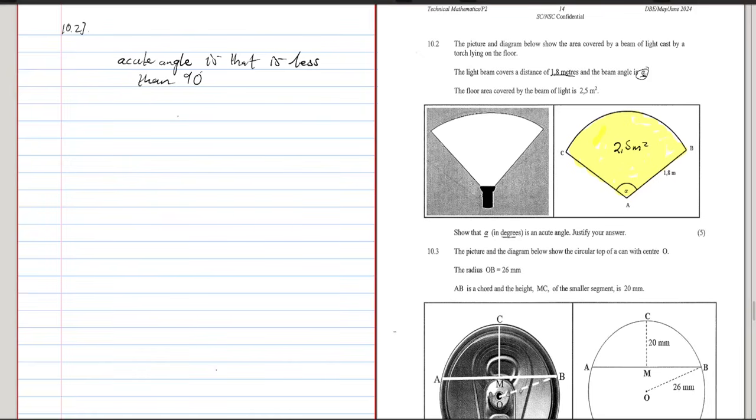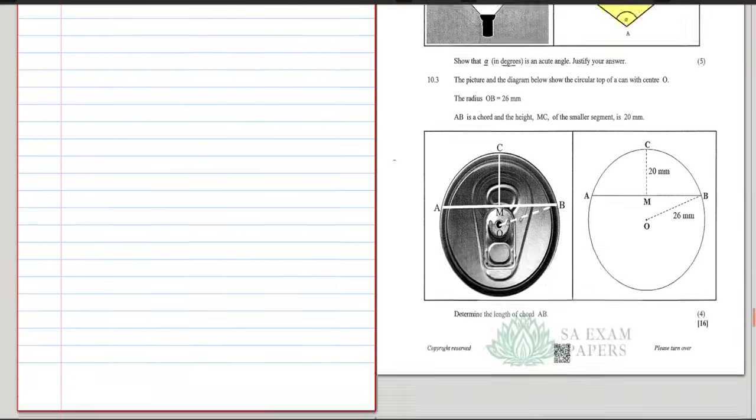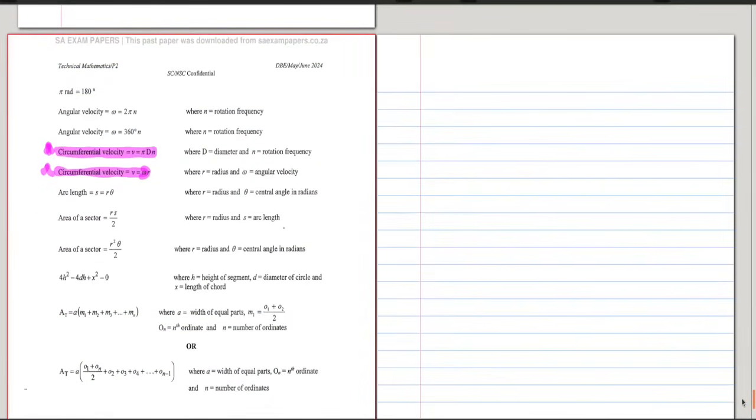That's an acute angle. So we need to just do a calculation, work out alpha. If alpha comes out as an angle that is less than 90 degrees, then we just proved that the angle is an acute angle.